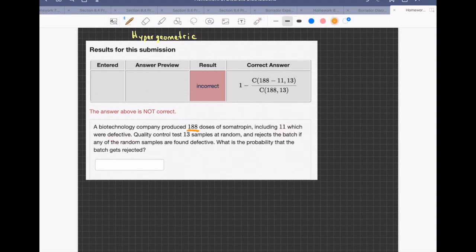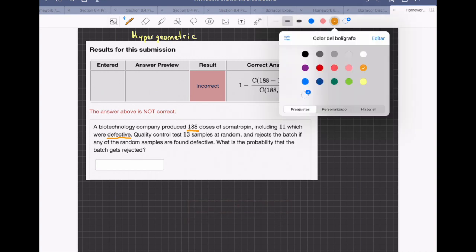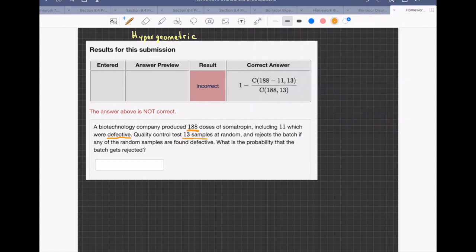So here the characteristic, or the success in quotation marks, is defective. Quality control tests 13 samples at random and rejects the batch if any of the random samples are found defective. What is the probability that the batch gets rejected?